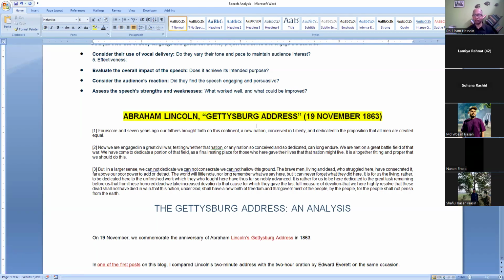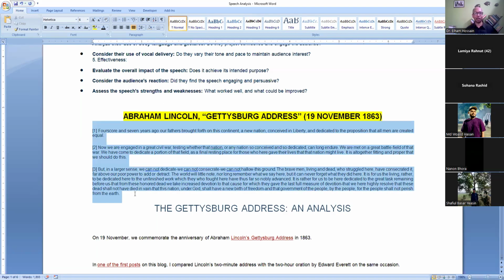As this speech was delivered there, it is called Gettysburg Address. And this speech was delivered on 19 November 1863. That is more than 150 years ago. So we will read this speech today and try to analyze it.